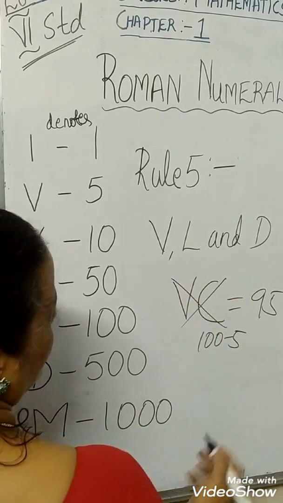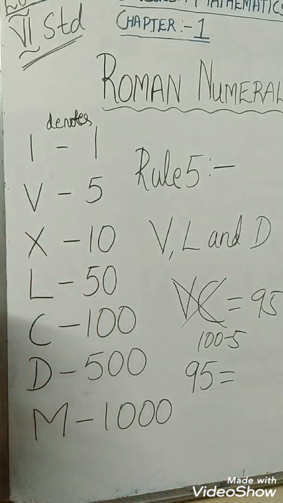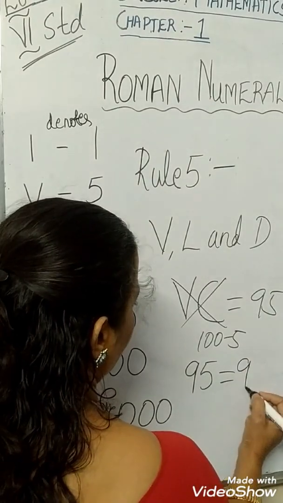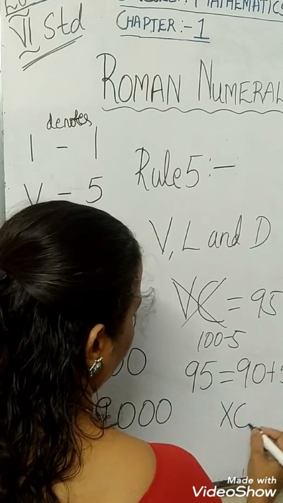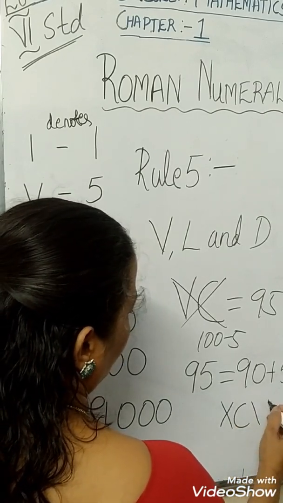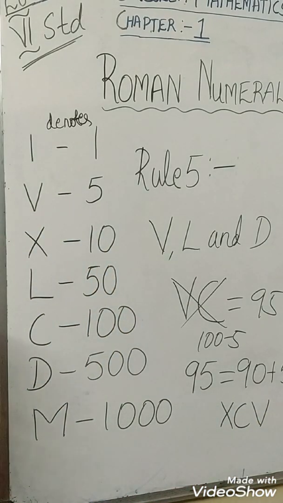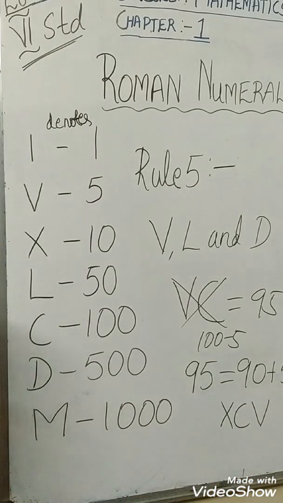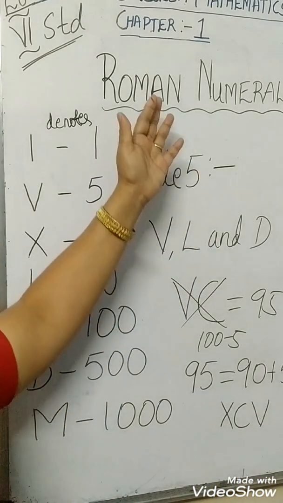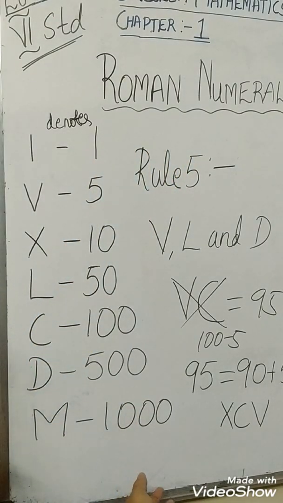So, how will you write 95? First, you split it according to place value, that is 90 plus 5. The symbol for 90 is XC and the symbol for 5 is V. We write the Roman numerals without writing plus or minus in between. So, the symbol for 95 is XCV. Did you get it? These are the rules to write Roman numerals. Now, we will see some examples.